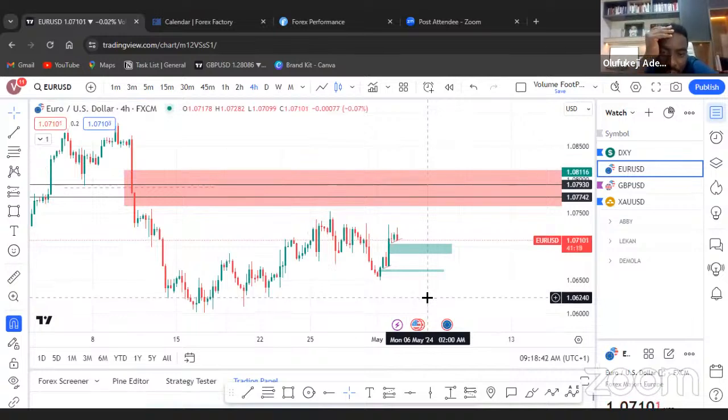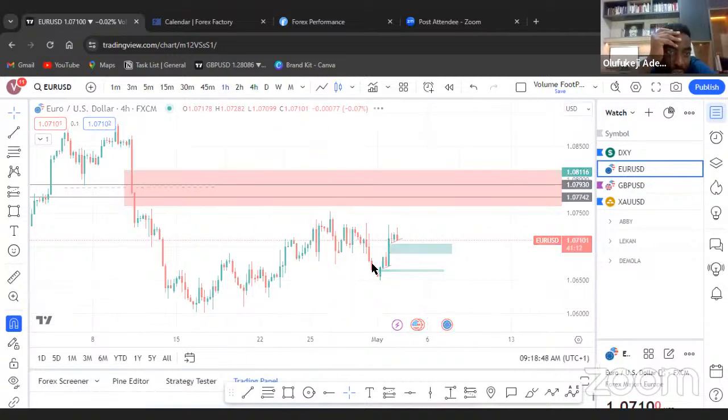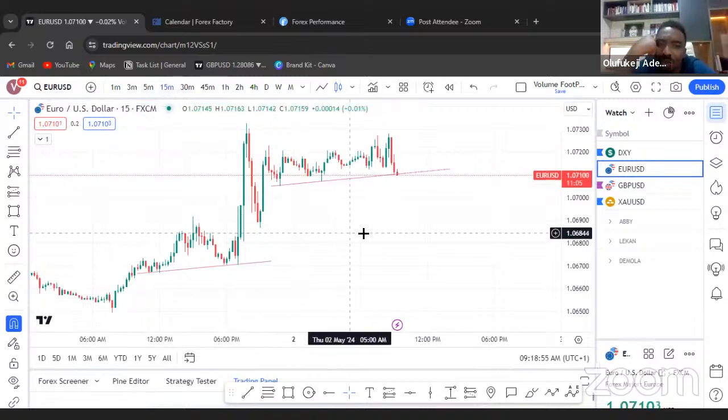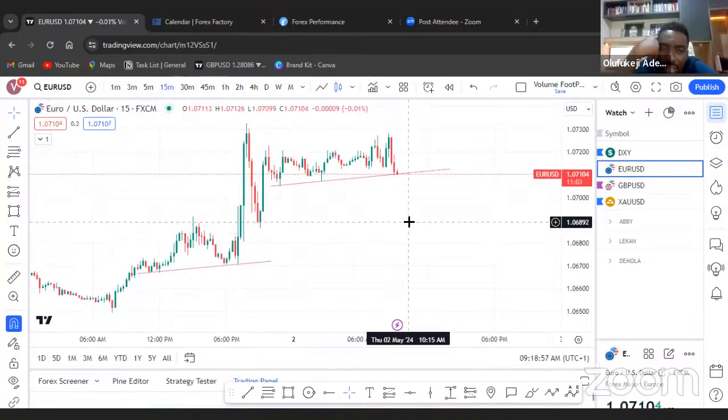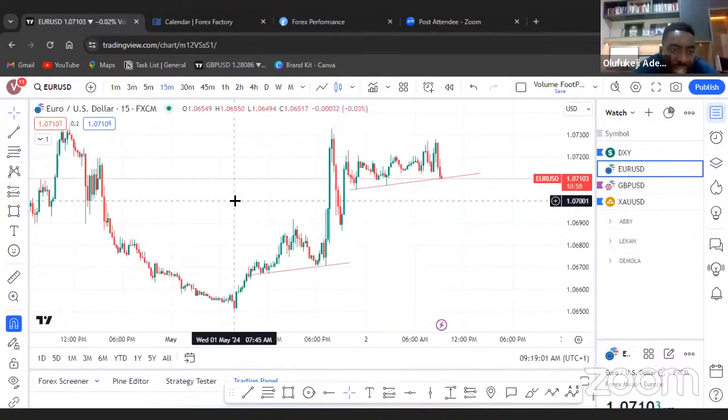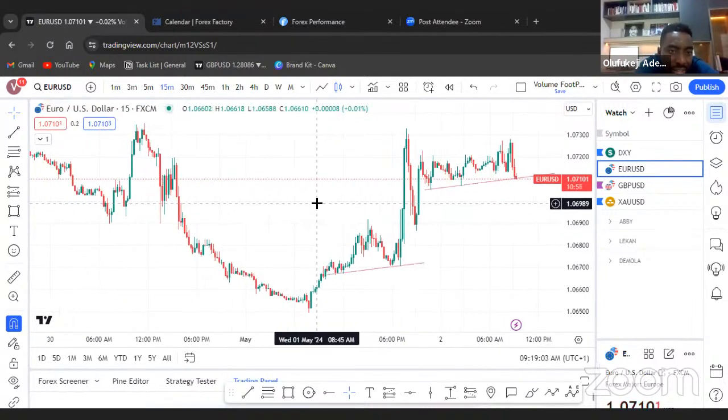Once price comes into that level, you can further refine it. This is 4 hours. You can further refine it, let's say on 15 minutes. Now someone can ask, can we sell here? Yes, you can. Very well, Seth. Why? Look at the shoulder.